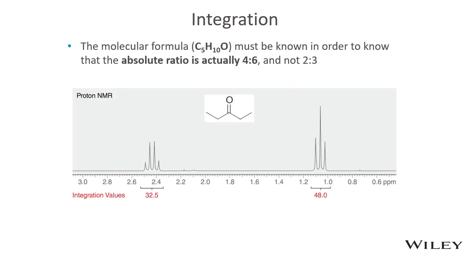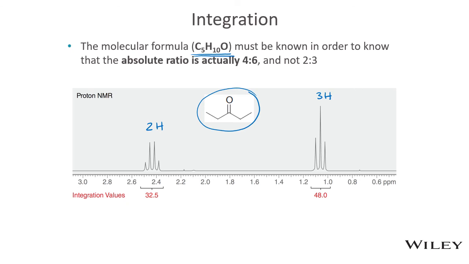So this is an example of the actual NMR for 3-pentanone. Now, after the integration is calculated and analyzed, we would end up with 3 hydrogens above this peak and 2 hydrogens above this peak. Now, in order to know that this molecule is symmetrical, you either need to have the exact molecule or you must know the molecular formula. So the molecular formula for our 3-pentanone is C5H10O.